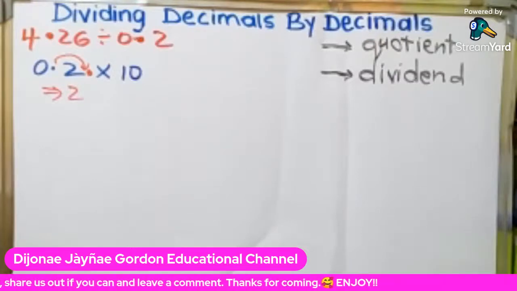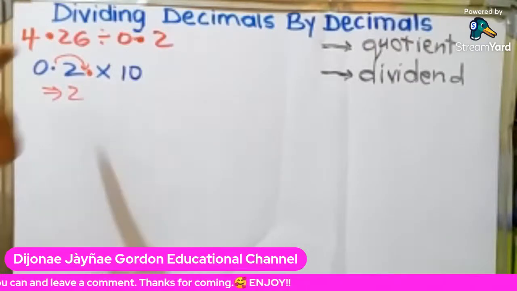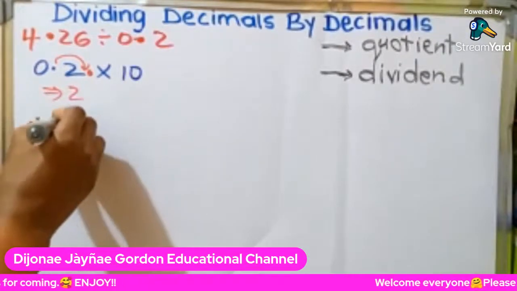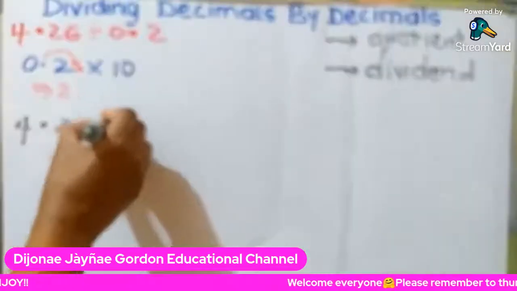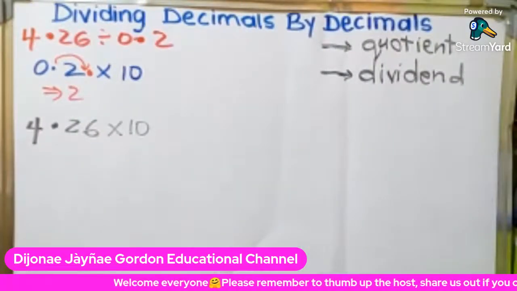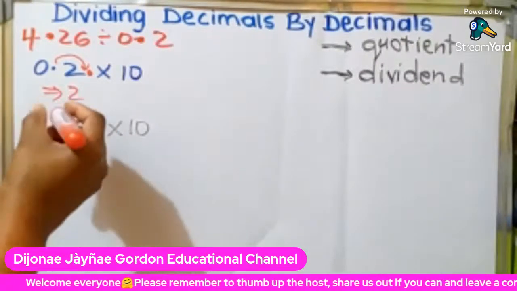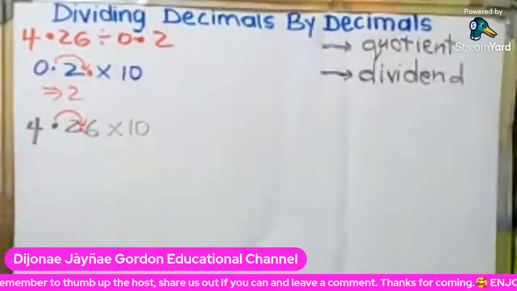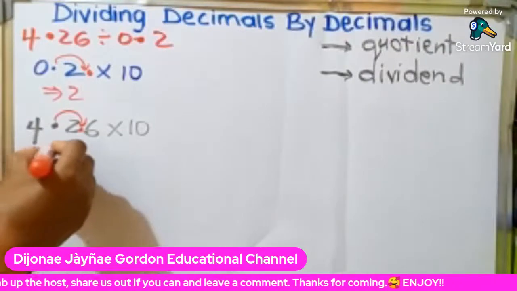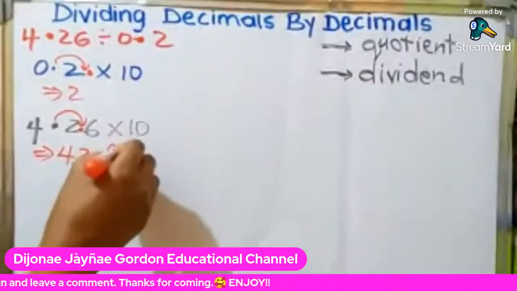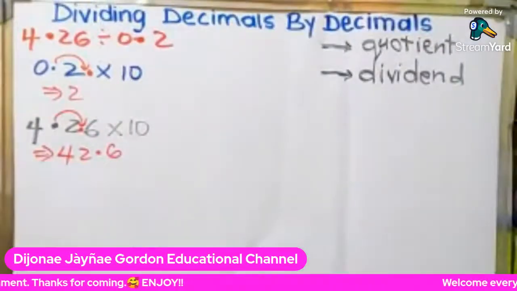Whatever we do to our divisor, we must do to our dividend. 4.26 multiplied by 10. All right, so we're going to be moving one place to the right. So that's where the decimal place is now going to be. Of course, what we are working with is 42.6. That is what we are working with now.